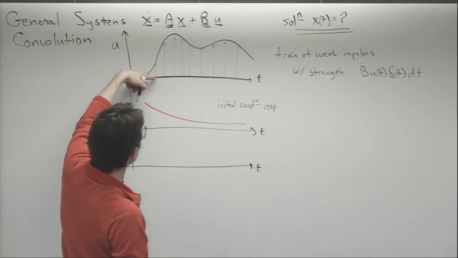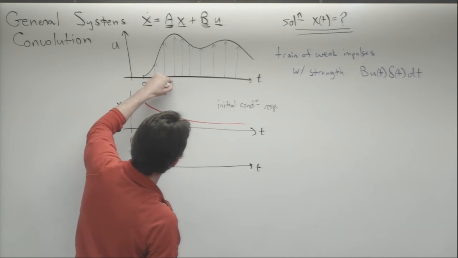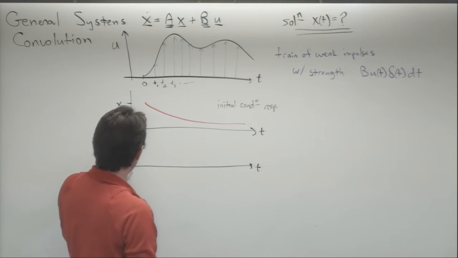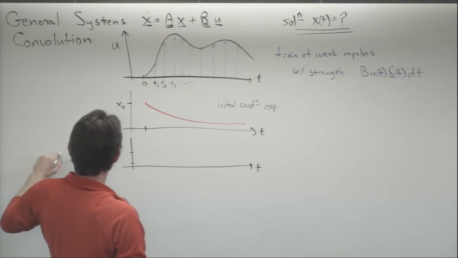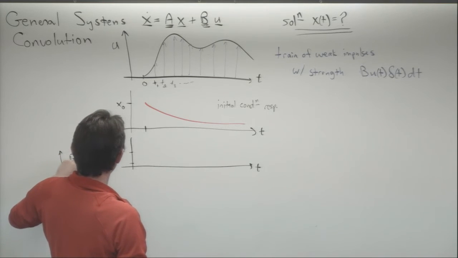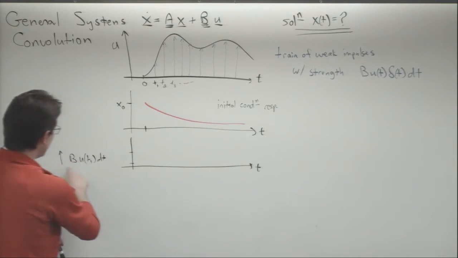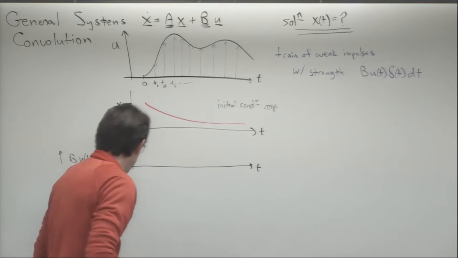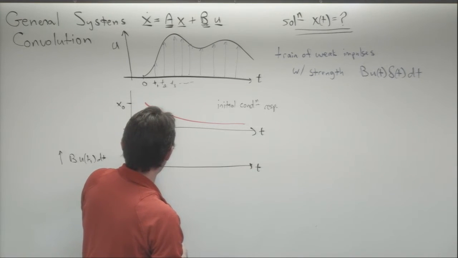And so this is a little impulse of size, let's call this T1, T2, T3, and so on, just to keep track of all these different impulses. So I have this little impulse of strength B u of T1 dt. And that little infinitesimal impulse in U gives me a tiny little transient response starting at T1.